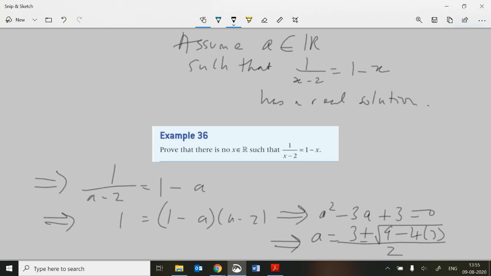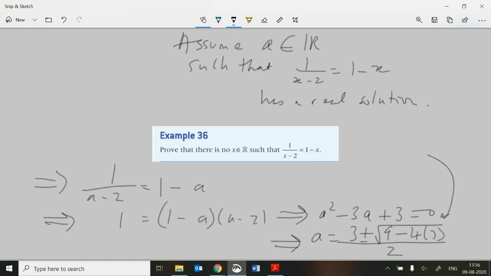Okay, so we're just using the quadratic formula with the coefficients 1, minus 3, and 3. I know that's kind of confusing, because normally when we use the quadratic formula we have ax squared plus bx plus c, but in this case, it's all in terms of a. It should have chosen a different letter.